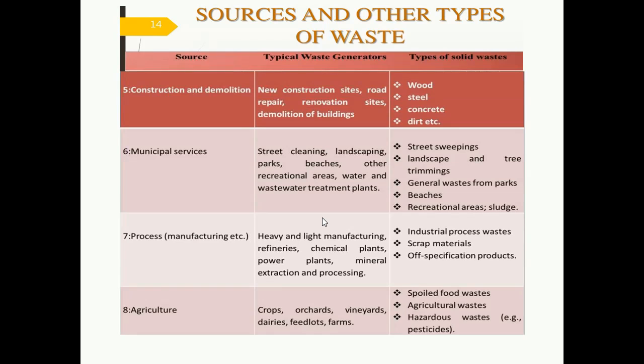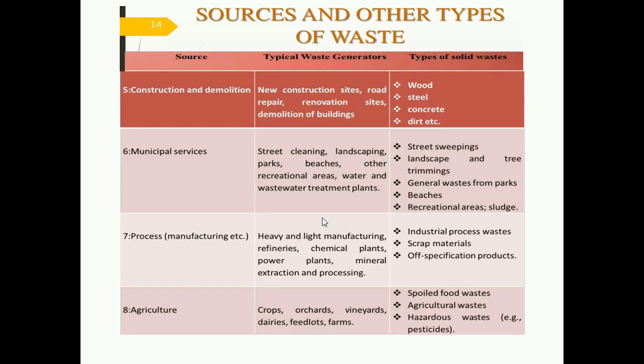Here the types of solid waste are street sweeping, landscape and tree trimming, general waste from parks, beaches, recreational areas, and sludges. So the sixth source is municipal services, and the typical solid wastes are street sweepings, landscape waste and general waste from beaches.